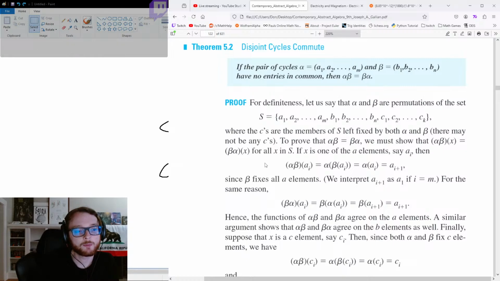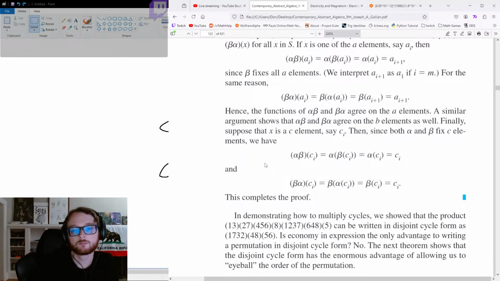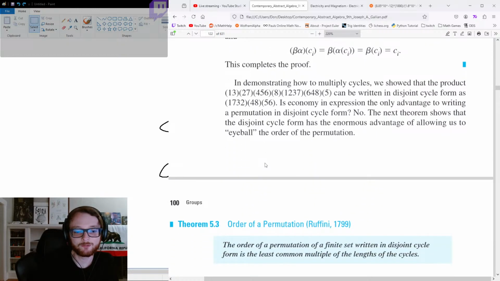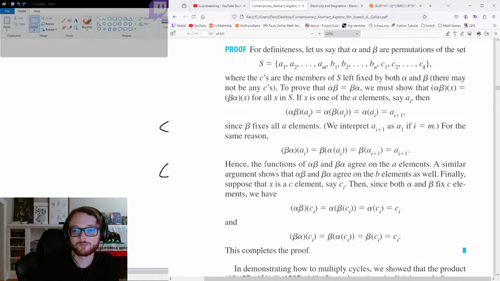Cycles constructed in that way will always be disjoint. Okay. But I feel like if they aren't disjoint, then something's gone wrong. So I don't know if this chapter is going to get into that, but I'm still left wondering.